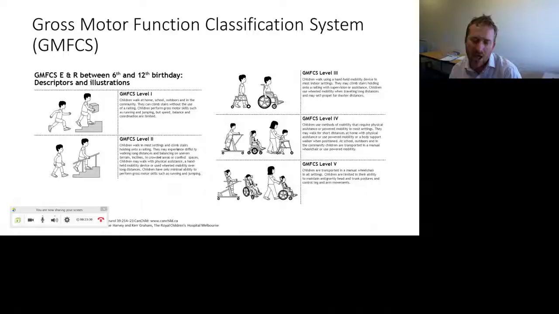So briefly, children who are GMFCS 1 walk independently. They often have some small movement difficulties with their gross motor function, which sets them apart from their typically developing peers, and they are often limited in endurance and or balance. Children who are GMFCS 2 also walk independently, but with more substantial difficulties with endurance or balance. A key figure here is that the children often are easily knocked over in busy spaces.